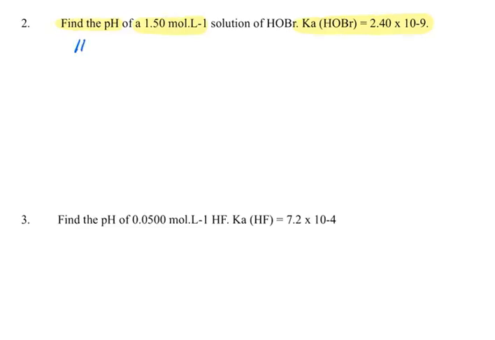So I have HOBr, again, definitely not a strong acid, and so it will again break down into your 2. Now I will make a note here just real quick.